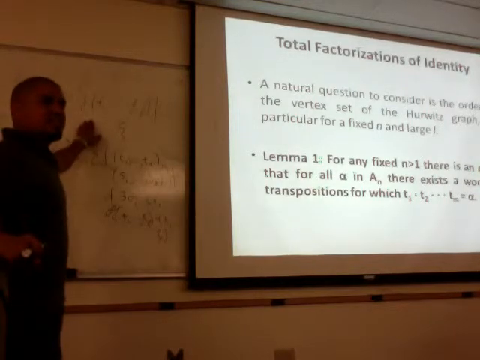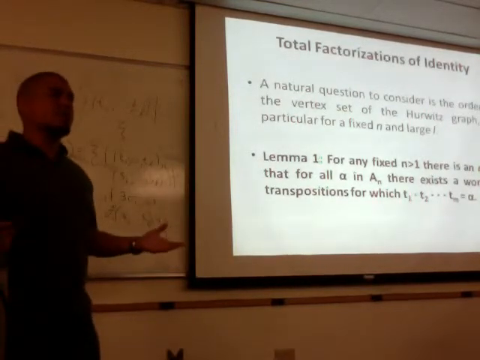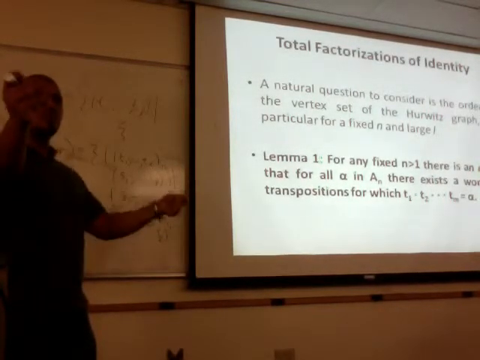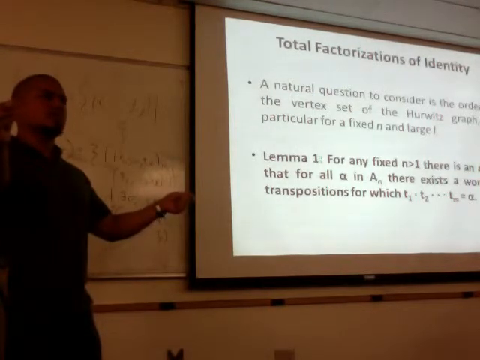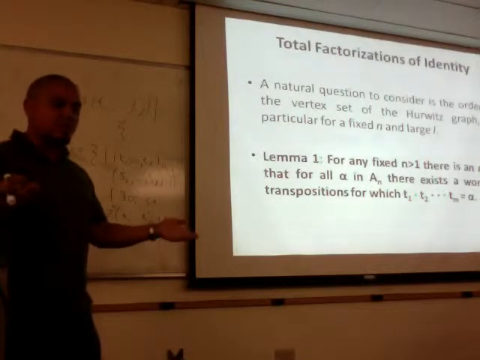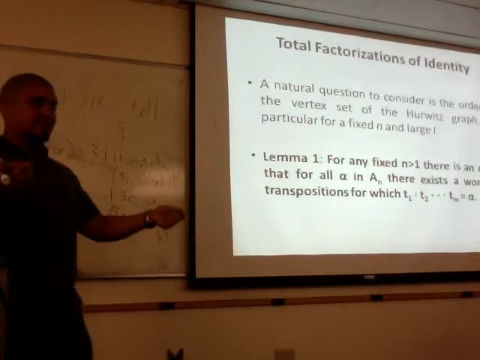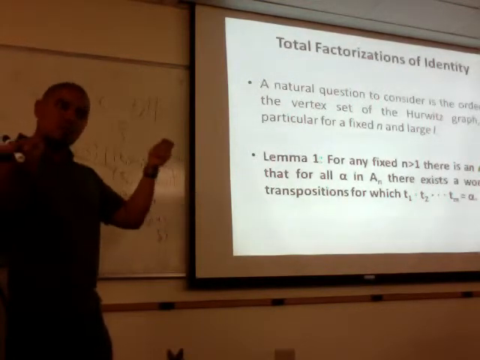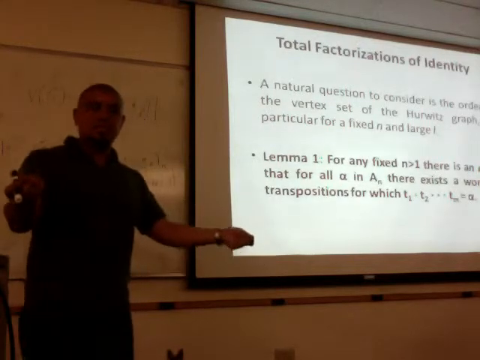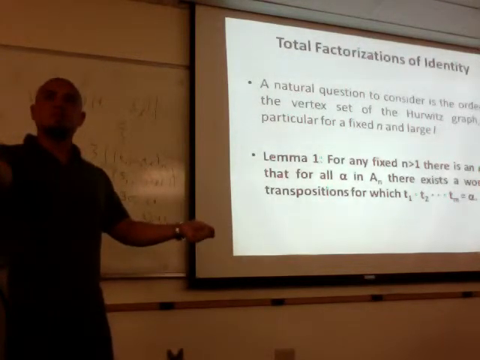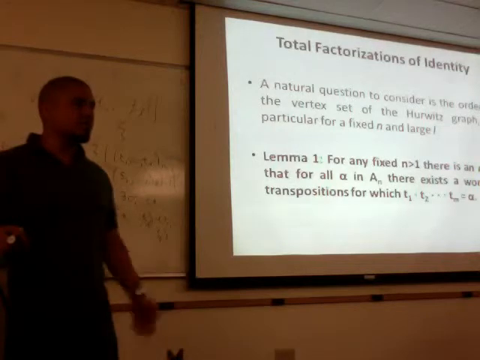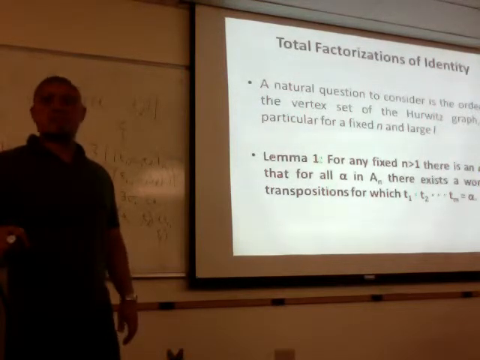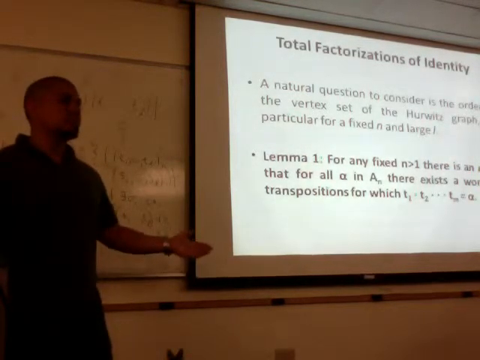Because if we know how many of these exist, then maybe we have some information about how far away any two different factorizations can be. You see? And the ultimate question is to determine how far away they are, how to transform any factorization into a Hurwitz equivalent one, and whether this is actually a very difficult thing to do, or if in fact it's straightforward.